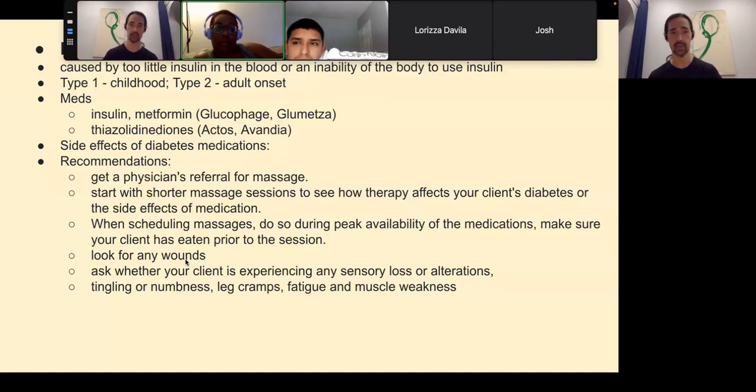And if someone has a wound, that's a local contraindication. You don't work on the wound, you don't work around the sore, but you can still work on the limb. But you have to be easy with the limb, right? Because the blood flow and the skin are not the same. Someone who's a diabetic athlete is at one end of the spectrum, and someone who's a diabetic, sedentary and 60 or 70, is at the other end.